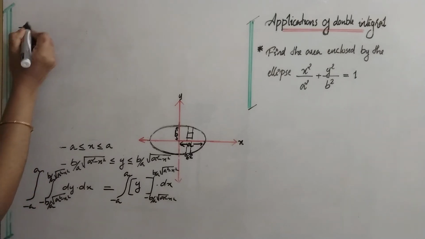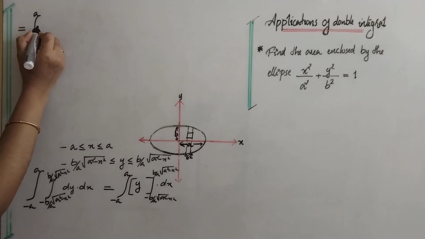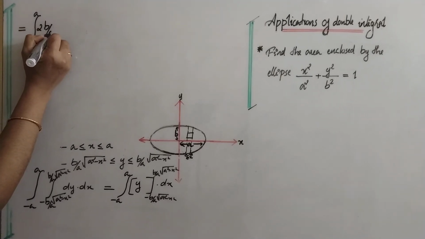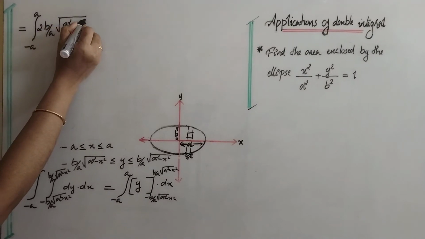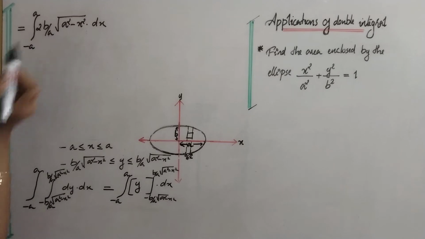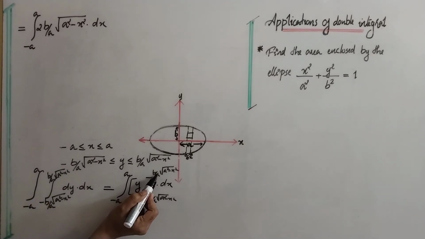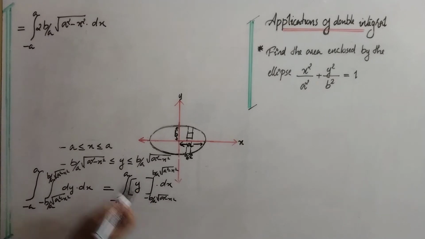This is equal to integral minus a to plus a 2 times b by a root of a square minus x square into dx. After applying the upper limit and lower limit, we get b by a root of a square minus x square minus of minus b by a root of a square minus x square. Minus of minus becomes plus, so 2 times b by a root of a square minus x square.